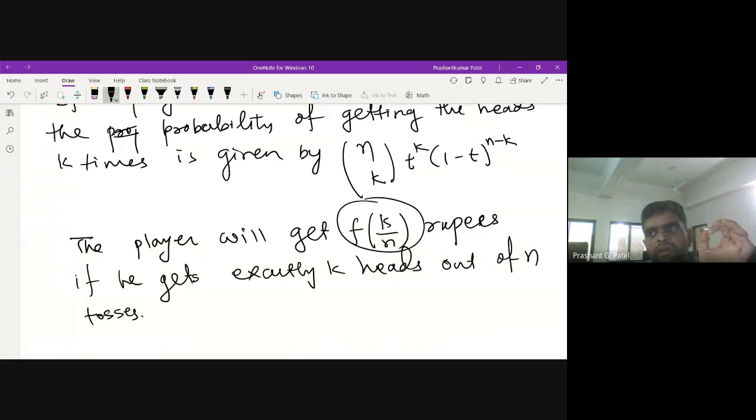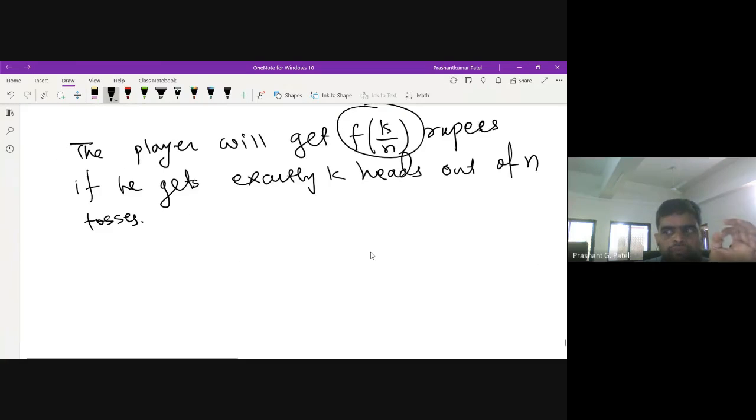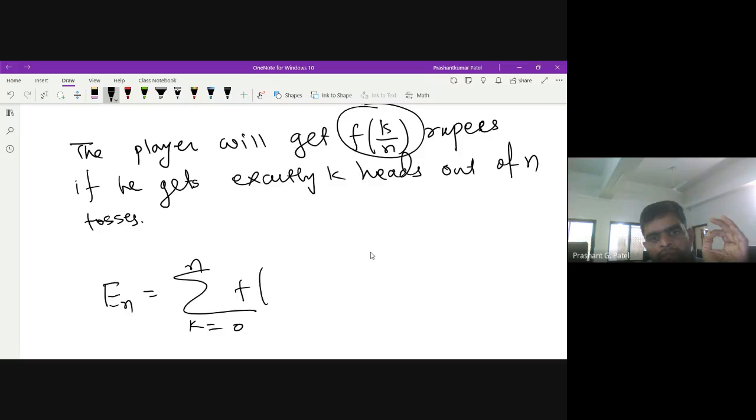So that means the expected value En the player would like to get out of the game of n tosses is summation k running from 0 to n of f of k by n nCk t power k, 1 minus t power n minus k.